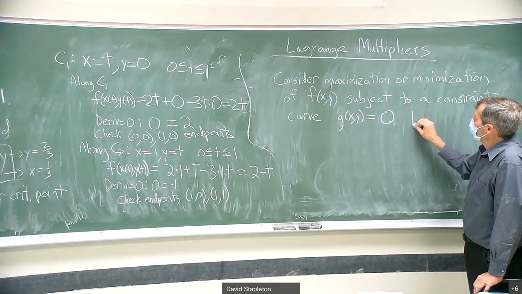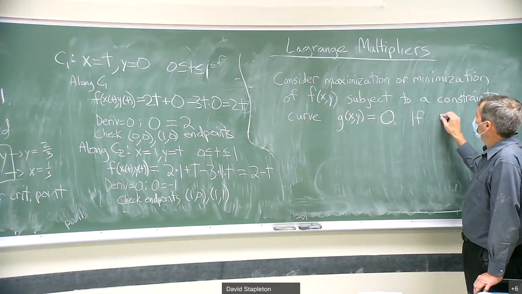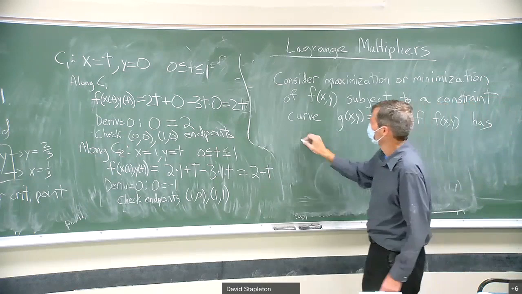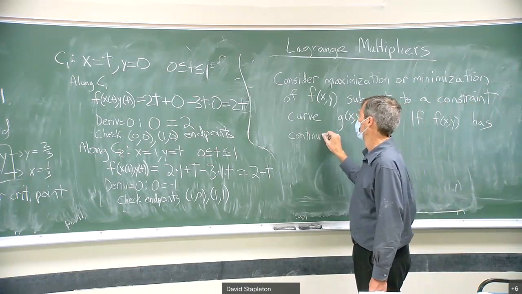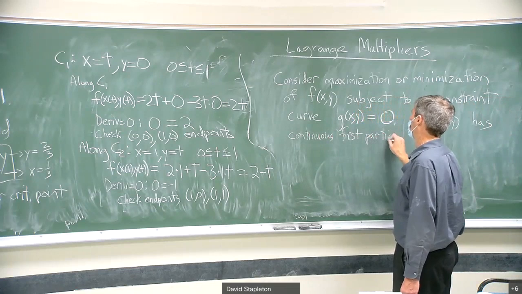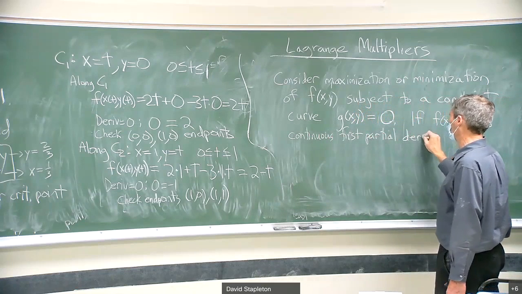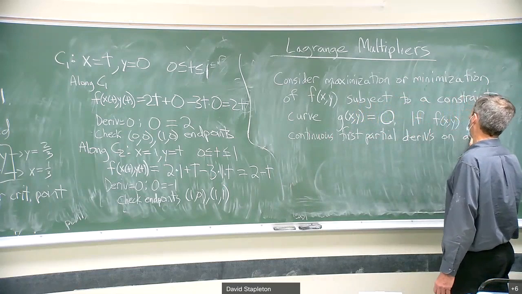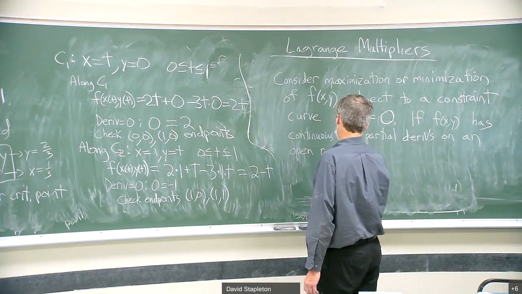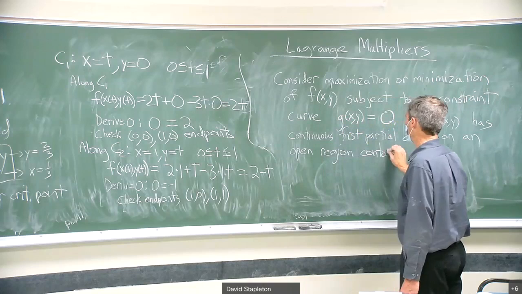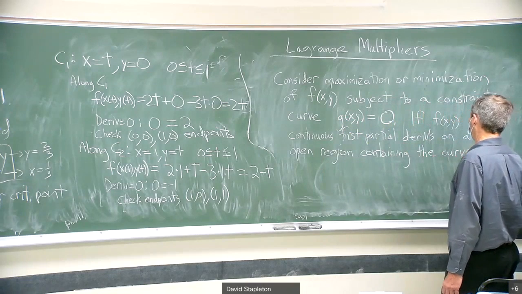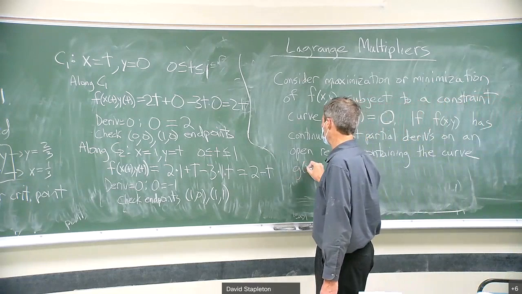Right? Well, if f has continuous first partial derivatives on an open region, just meaning a region that doesn't include its boundary, containing the constraint curve g of xy equals 0.